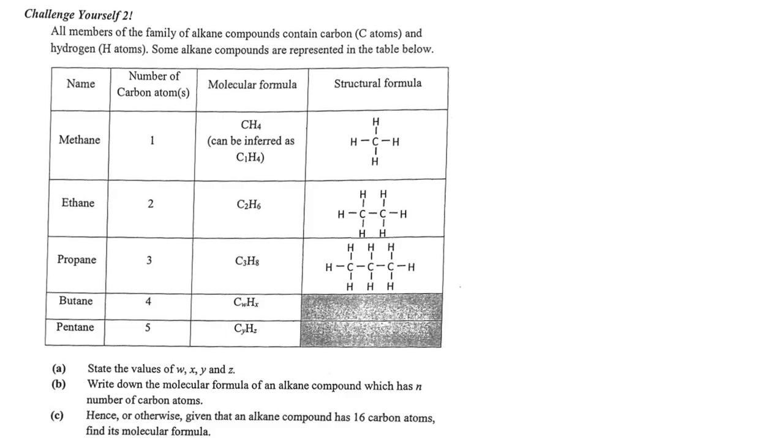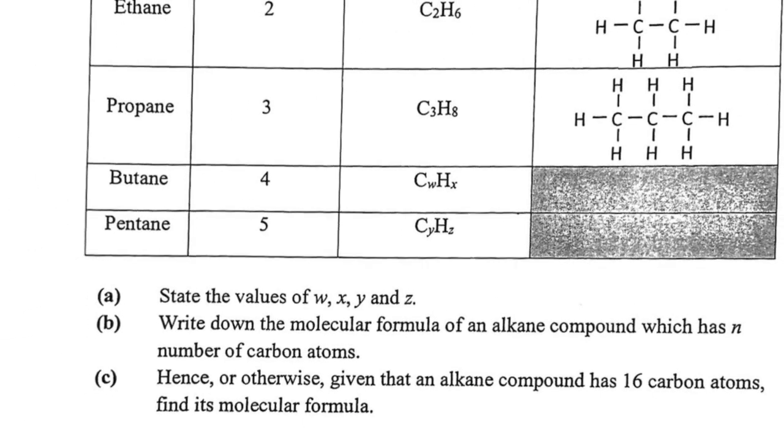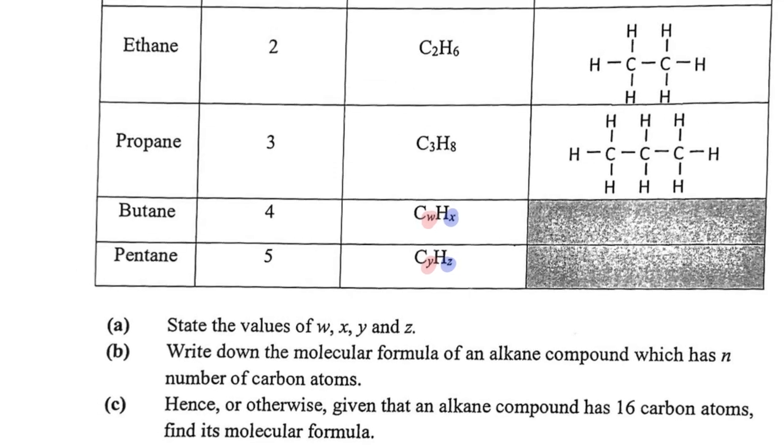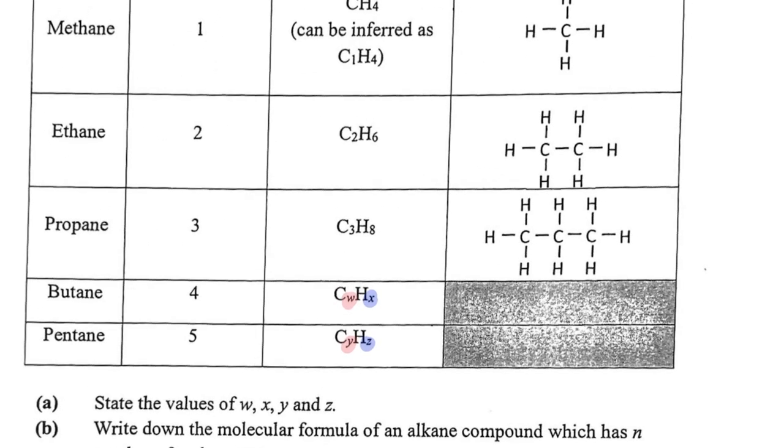So let's take a look, and I'm going to, at this point, zoom in on the butane and pentane, because part A requires us to find the values of W, X, Y, and Z. And at this time, if I look at the pattern for the carbon atoms, if n equals 1, it will be 1.